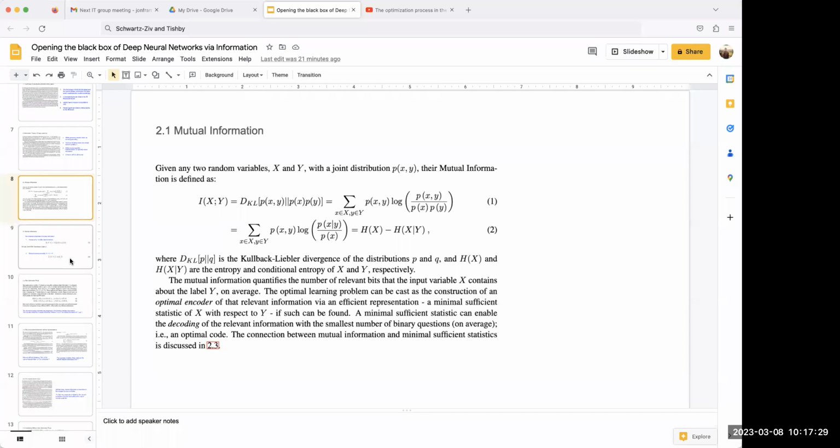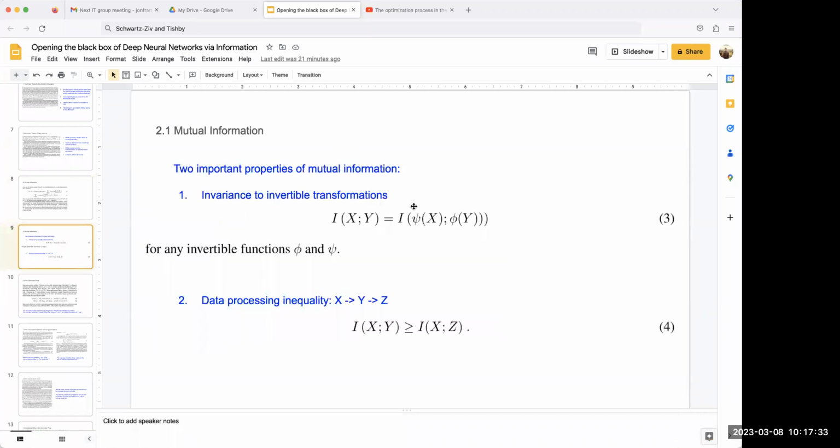The reason they're using information as their metric is because of two important properties that are required for analyzing neural networks. One is invariance to invertible transformations.